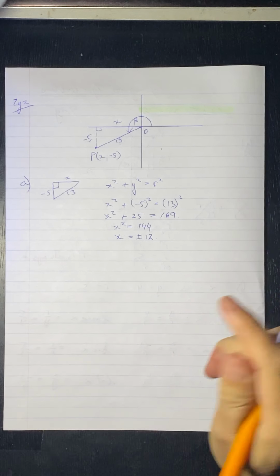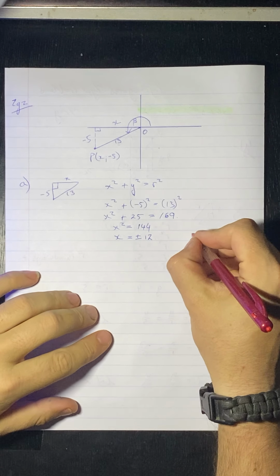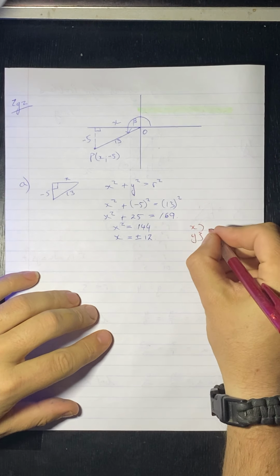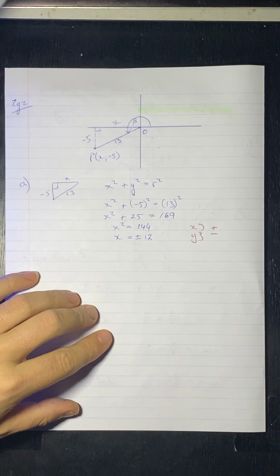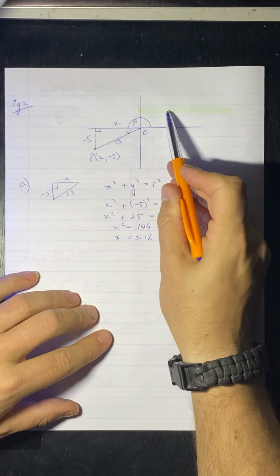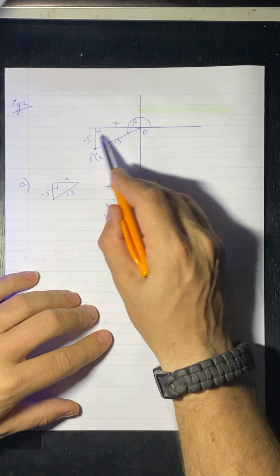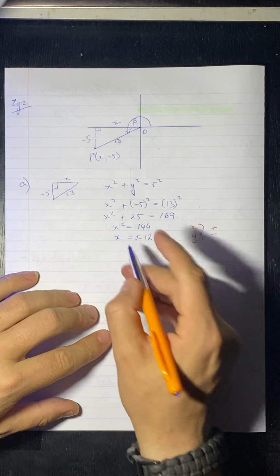Now with the x and the y, they can be negative or positive. I'm just going to make a note here: x, y can be positive or negative. The reason is that it depends on what quadrant you're in. We can see that this one is in quadrant 3, and our x values in quadrant 3 will be negative.